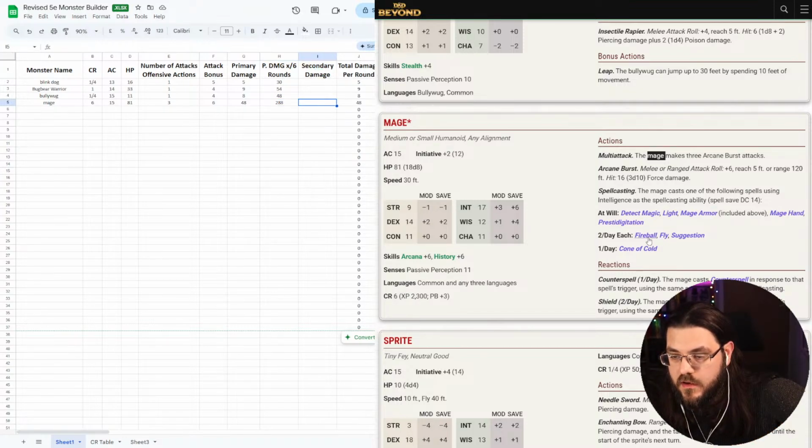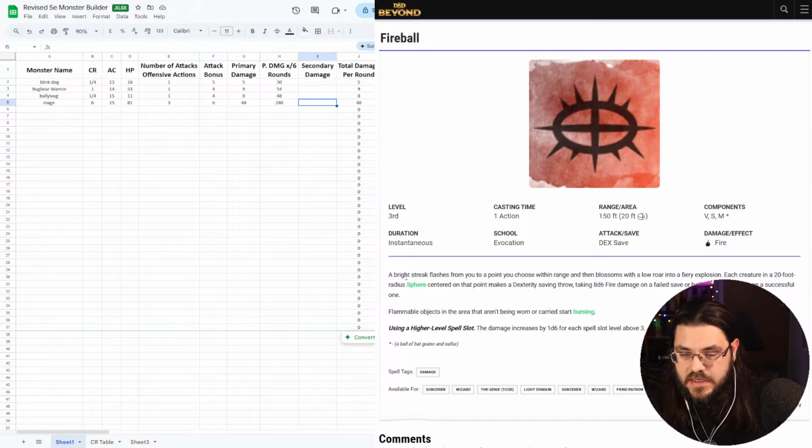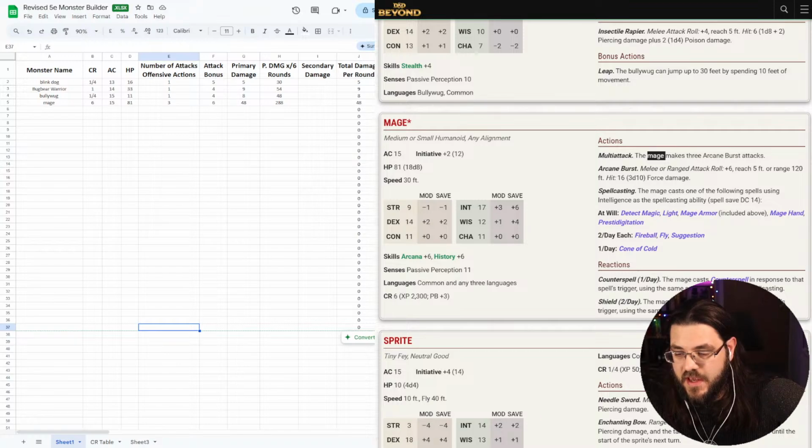And then if it's going to do fireball, fireball is 8d6, right? Fireball, let's have a look at fireball. 8d6. Oh, so much maths. 3.5 times 8 is 28 damage.